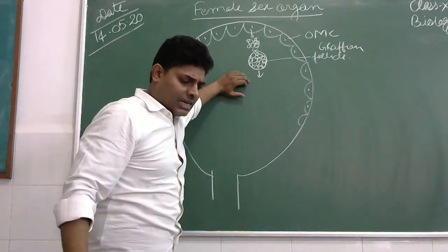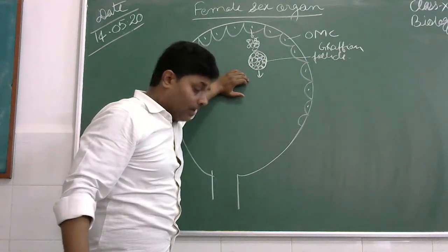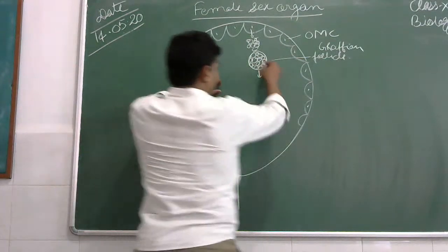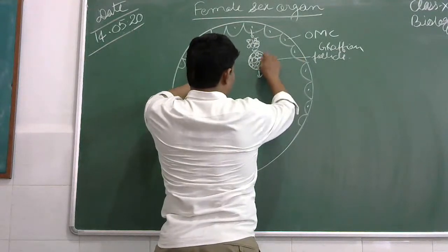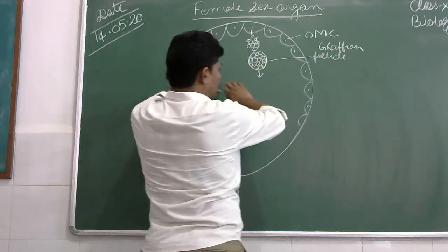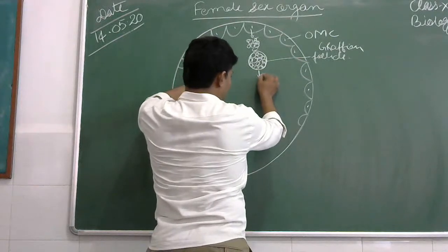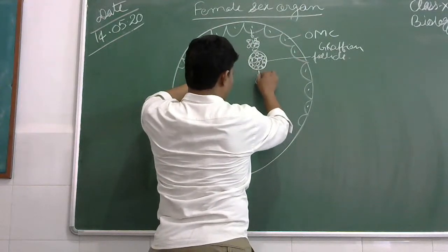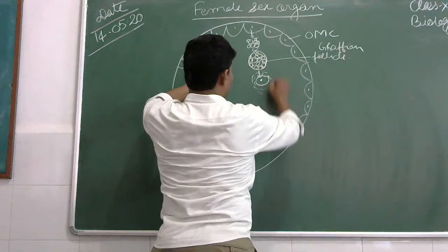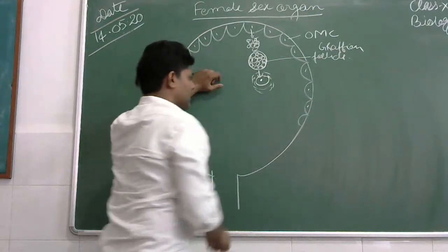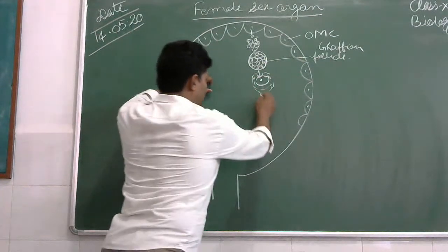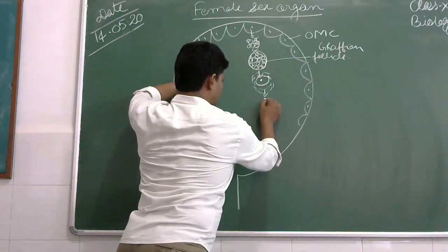What happens after that? All of the oogonia degenerate, making a single oogonium which is covered by so many layers, as we are seeing here.